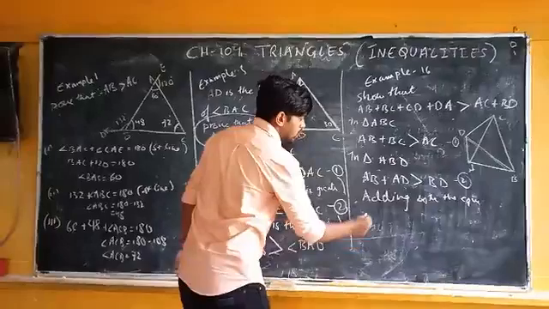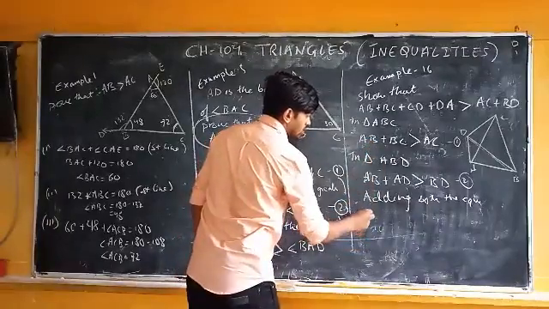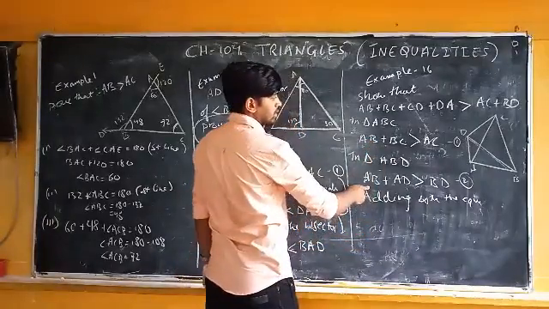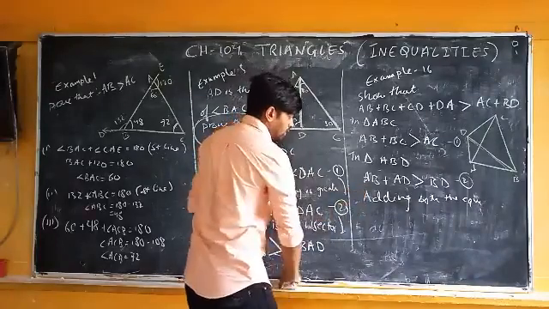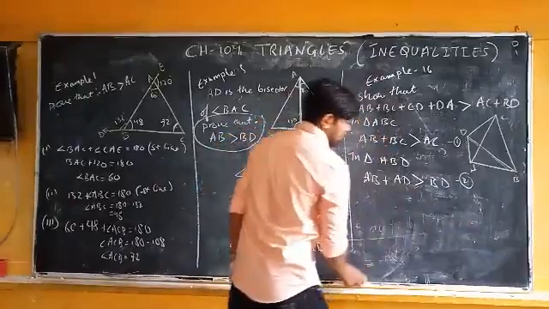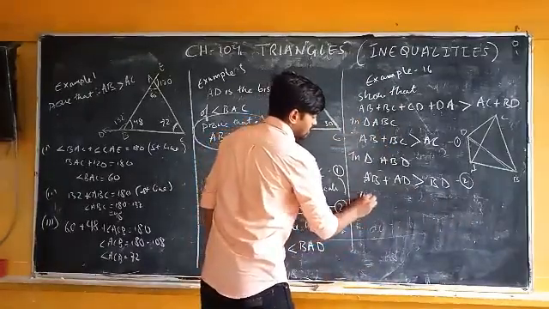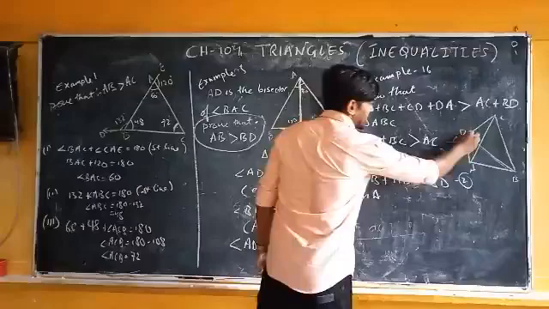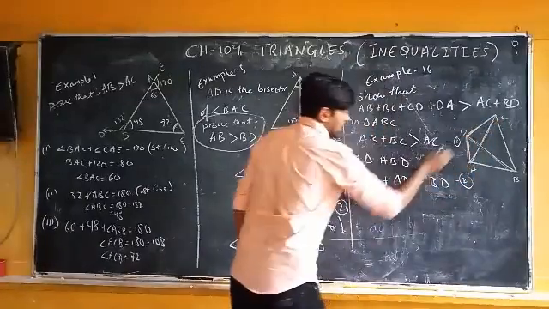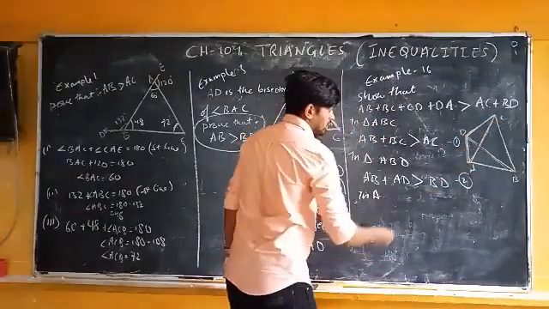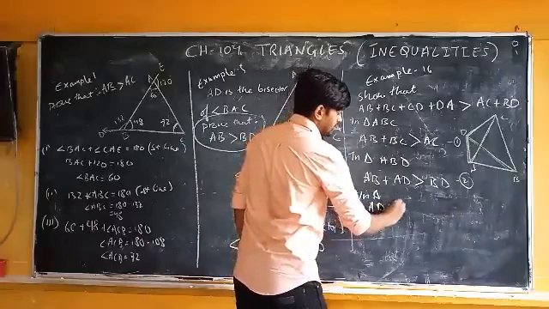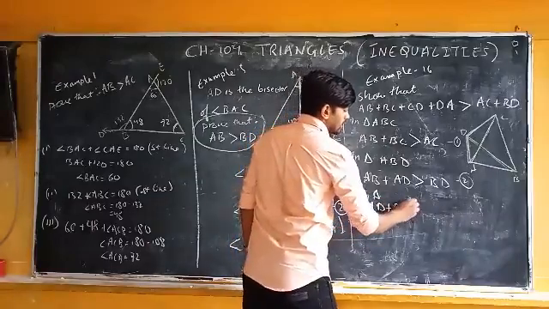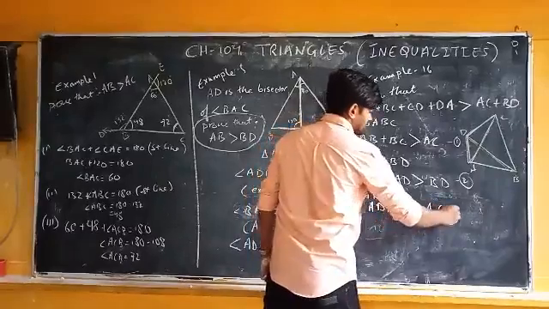if I add both the equations, I will be having this. Right now I'll take two more examples, two more triangles. I'll take this triangle also. So in this triangle what I'll be writing, that AD plus DC is greater than AC.